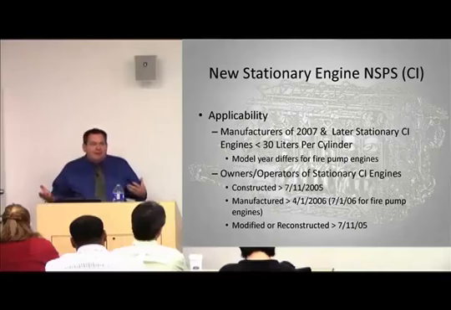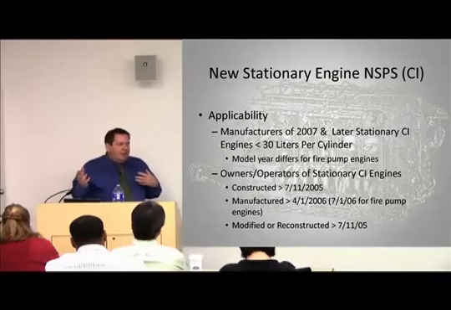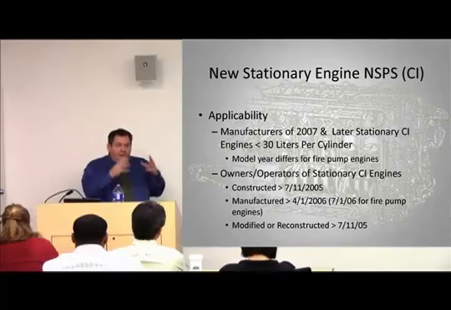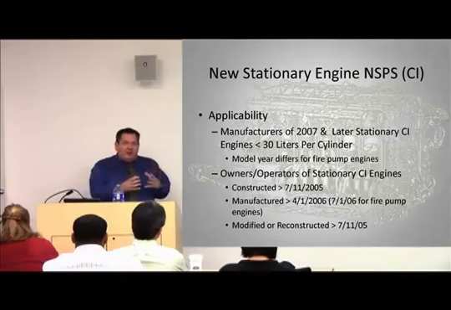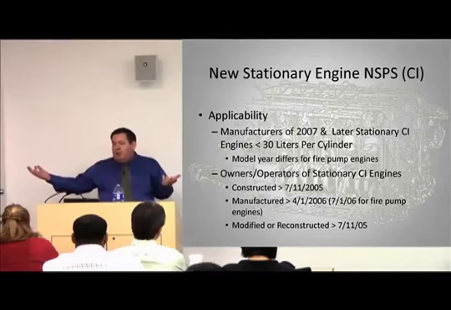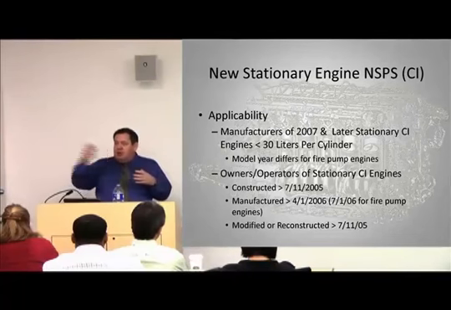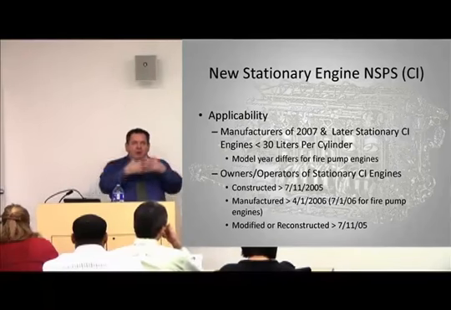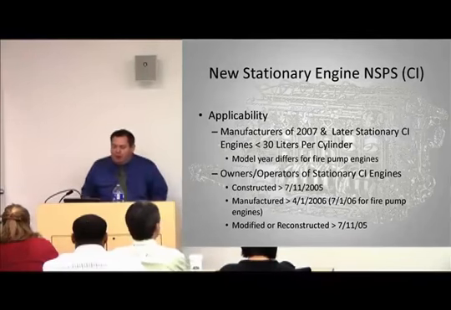Now, on one hand, this isn't a big deal. Oftentimes, not all the times, but oftentimes, especially for engines less than 30 liters per cylinder, they'll manufacture an engine, and that engine can either be used for stationary use or it can be used for what they call non-road use, off-road use. So there's a good likelihood they were already certifying these engines anyways. So it's just kind of harmonizing those two differences of engines and bringing them into one.